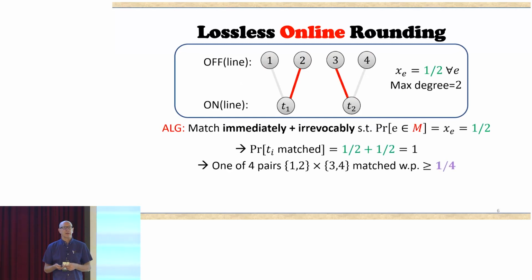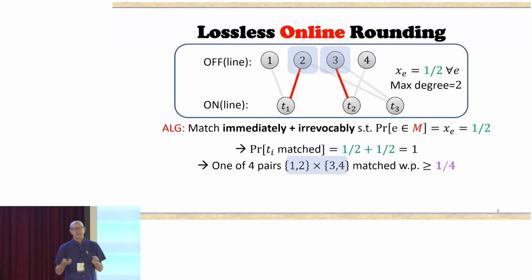Now let's look at the 4 pairs from the Cartesian product of {1, 2} and {3, 4}. So 1,3; 1,4; 2,3; 2,4. Since the 2 vertices T1 and T2 were matched, at least one of these pairs has probability 1/4 of being matched.